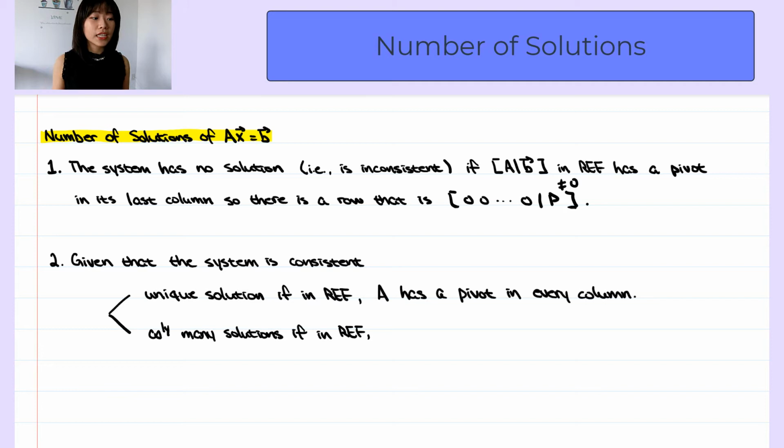How about when the system has infinitely many solutions? Remember from the previous video, in the third example, we have the second and the fifth columns that don't have a pivot. So we name x2 and x5 as free variables. So when a system has infinitely many solutions, if we reduce the coefficient matrix, A has columns without pivots.